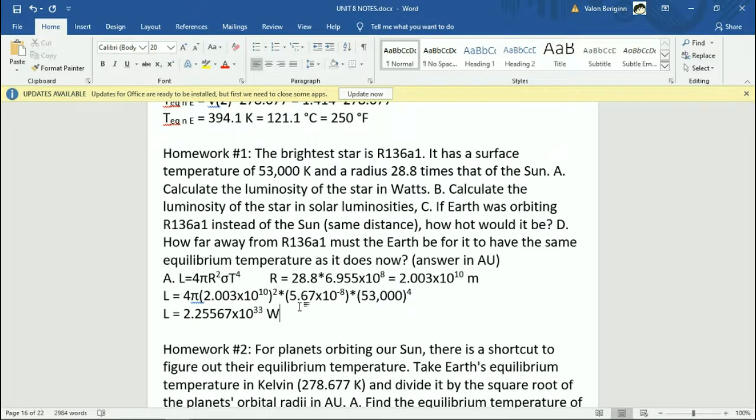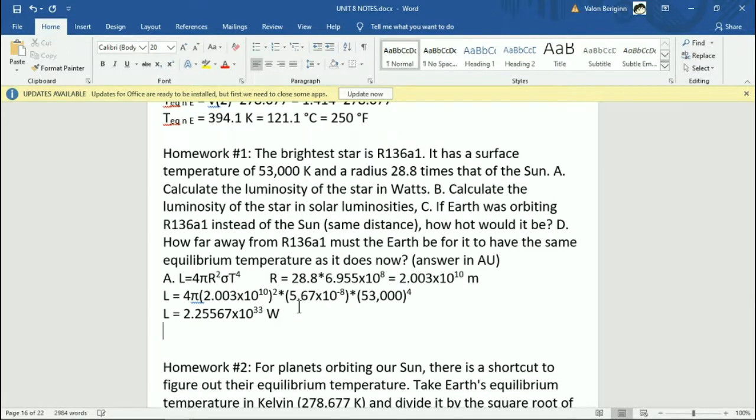Let's see, B: calculate the luminosity of the star in solar luminosities. So here, you're going to just take your answer and divide it by the luminosity of the sun, which is 3.828 times 10 to the 26.